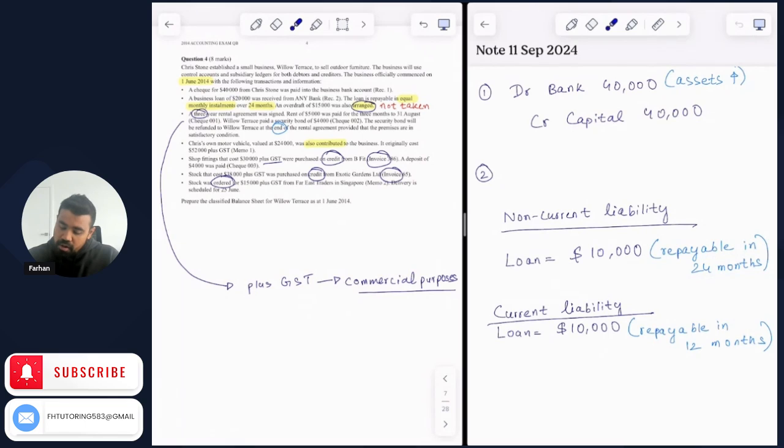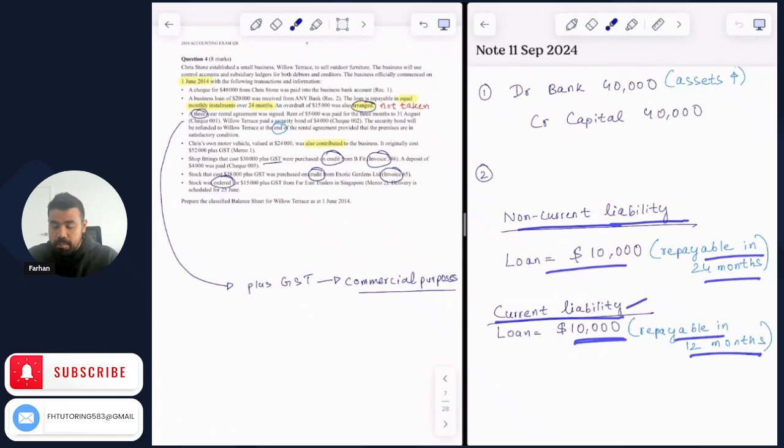All right. So therefore, when you prepare the balance sheet, within the non-current liability section, show a loan of $10,000, which reflects the repayment to be made in 24 months. And then again, also show loan of $10,000 within the current liability section, which reflects the repayment to be made in 12 months. All right.